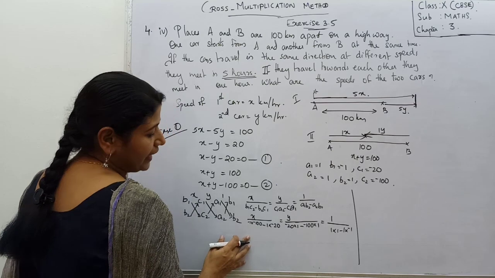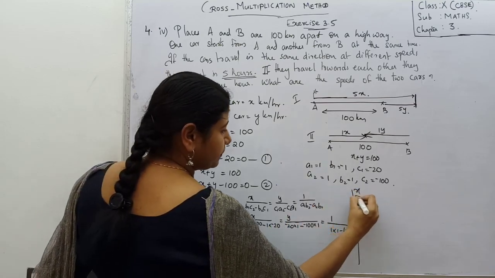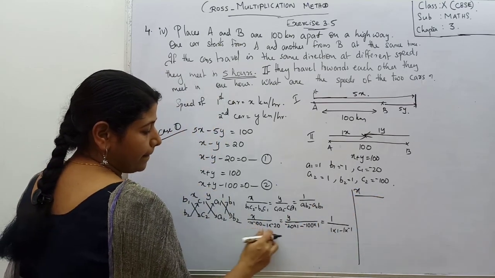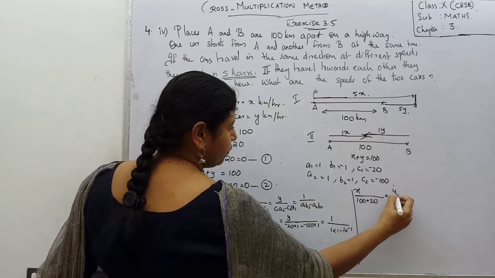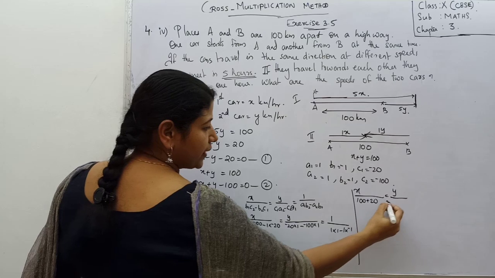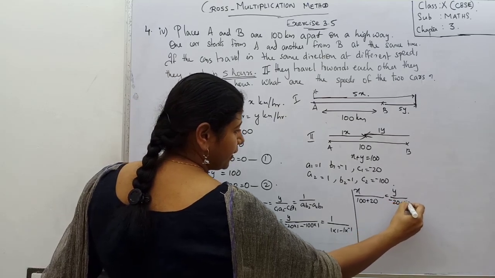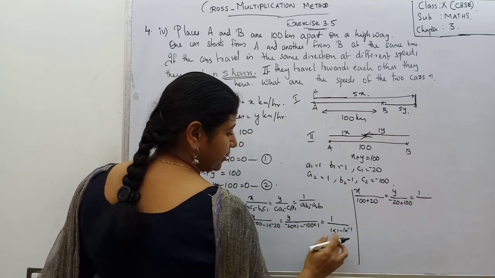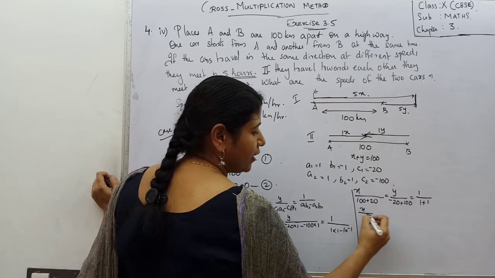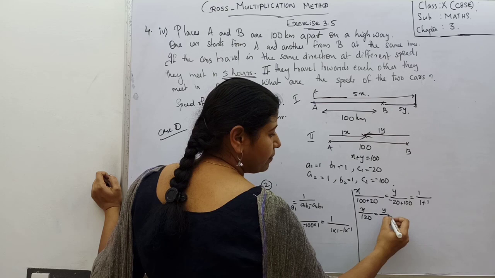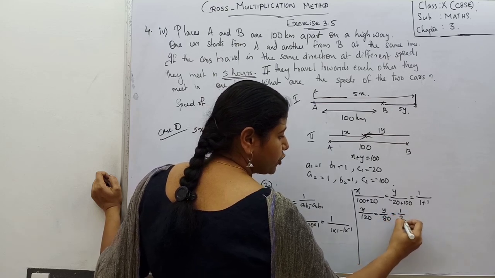So we can calculate the values. x by 100 plus 20, y by negative 20 plus 100, equal to 1 by 1 plus 1. So we can write x by 120 equal to y by 80 equal to 1 by 2.